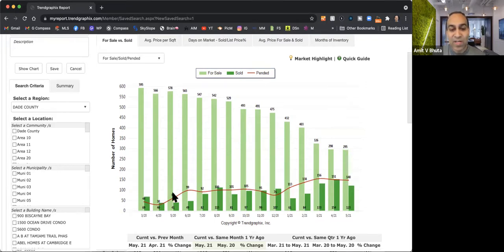We have 41 that were sold last year in May, and we have 123 that were sold this year. We also have 62 that were pending sales, and we have 148 that are pending sales. So huge differences. So I'm going to pull up June.